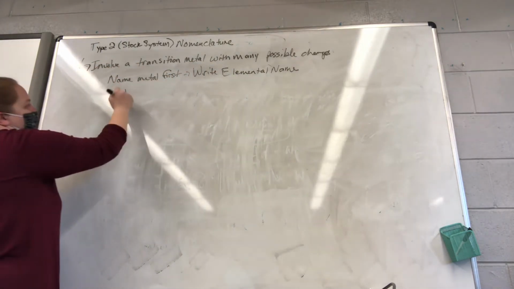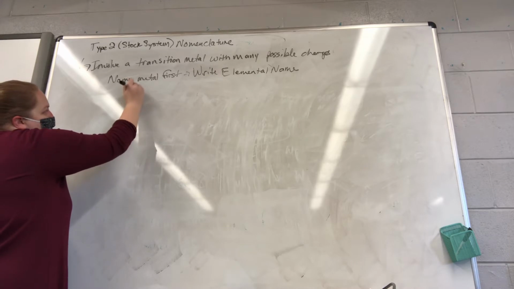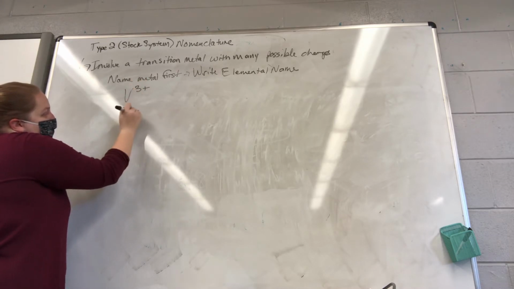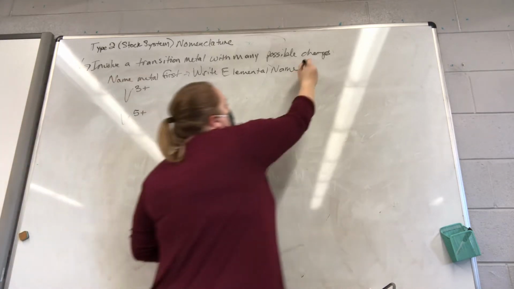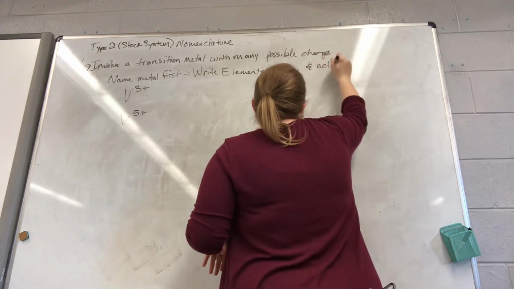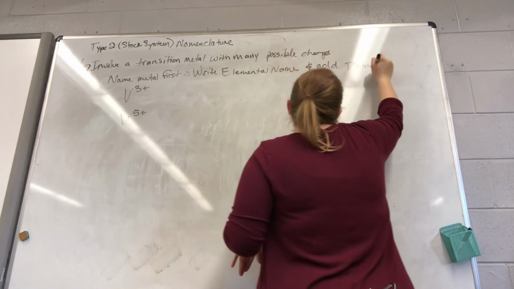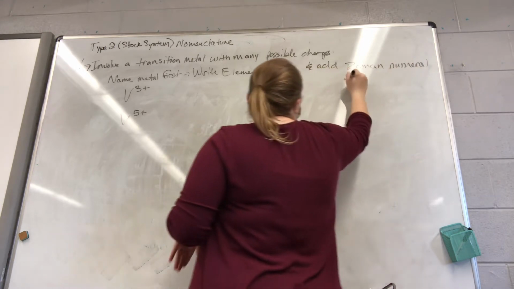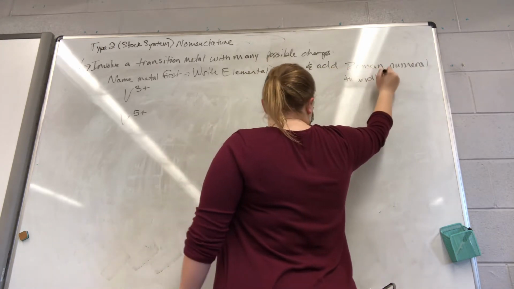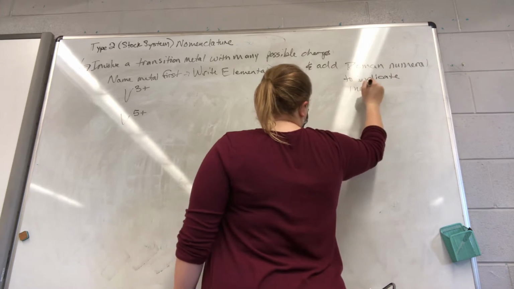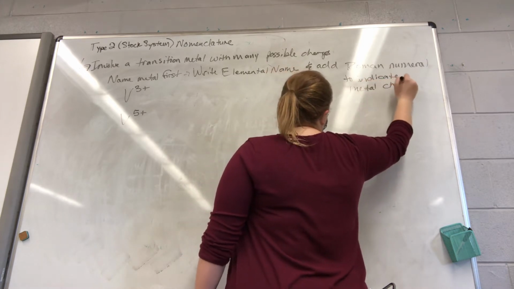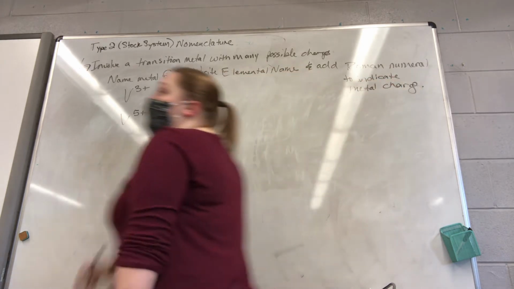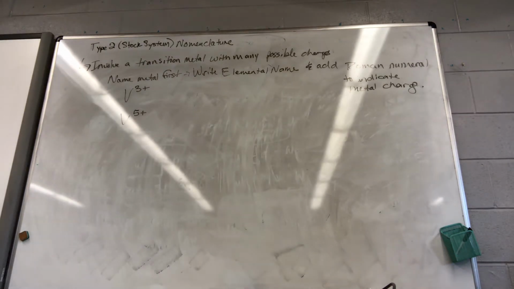So let's look at, we're going to add a Roman numeral. The goal of the Roman numeral is to tell us what the charge on the metal is.